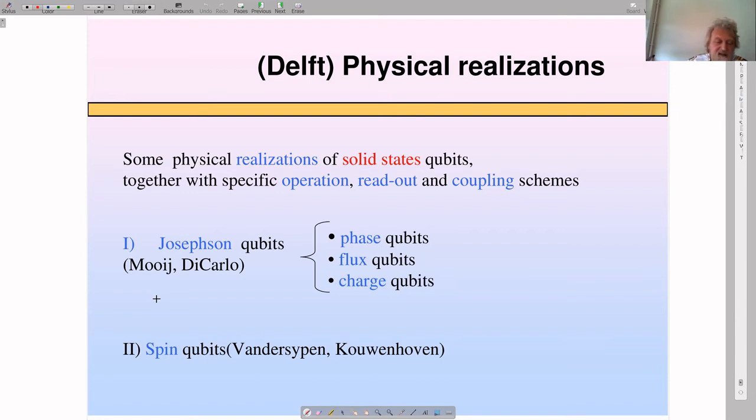I will take the whole topic of Josephson qubits, which were initiated in Delft by Professor Mooij. And now Leo DiCarlo is the person who does quite sophisticated things with Josephson qubits. There's still interest in spin qubits in Delft and QuTech. There's also a section which makes spin qubits.